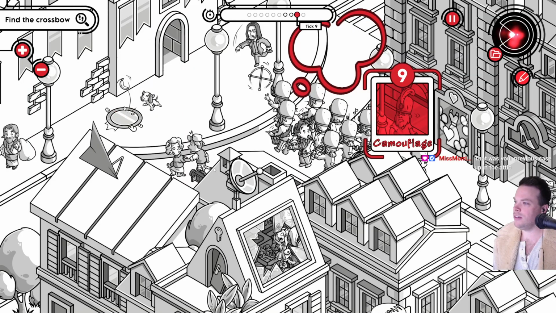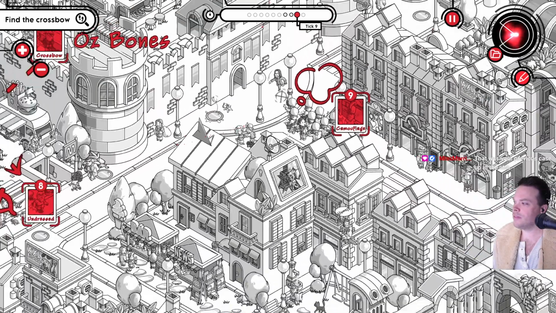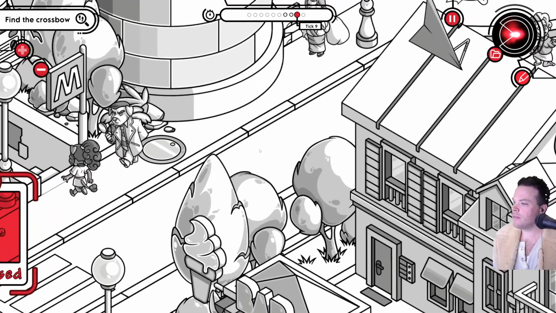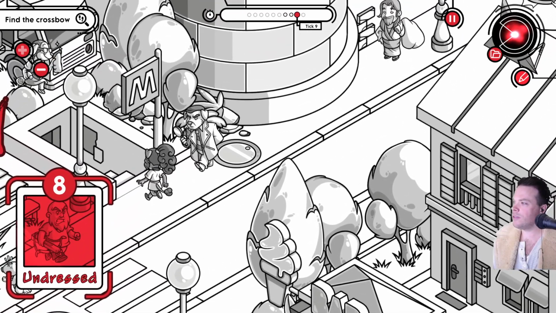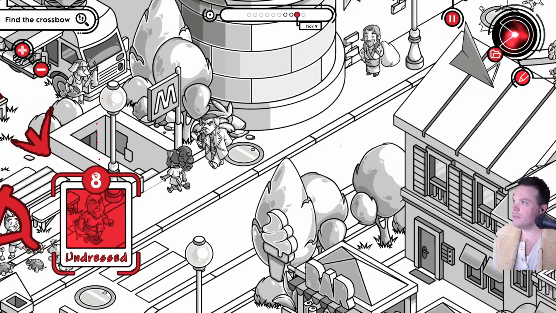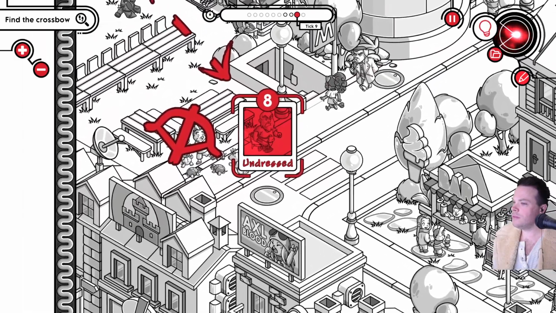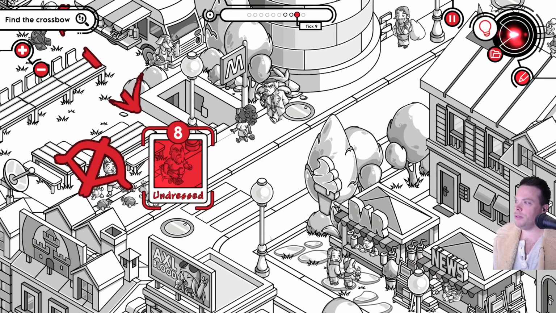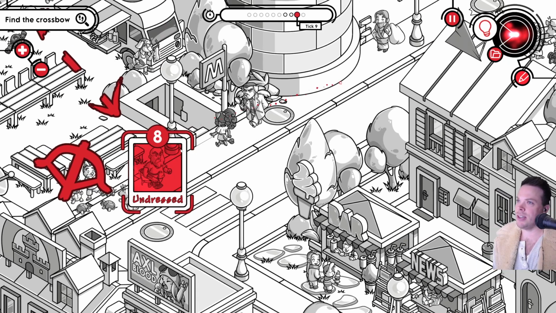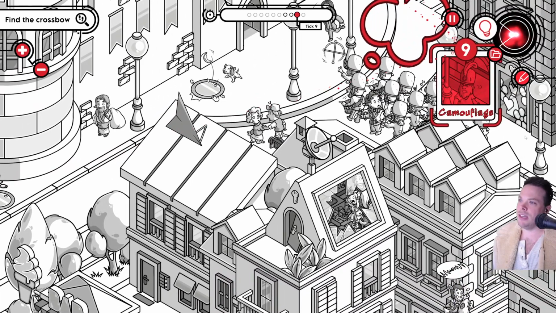Could it be under there? Could be under here. I mean, it only really makes sense for him to have hidden it somewhere between where he is there and where he is here.